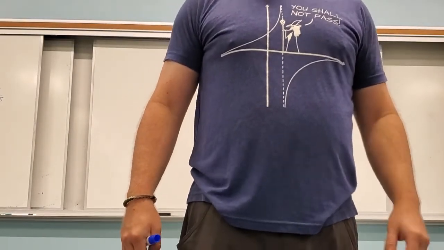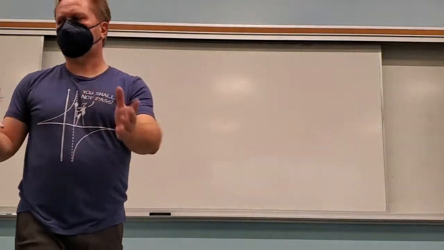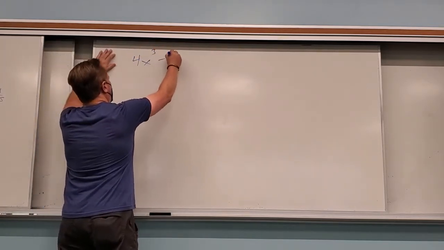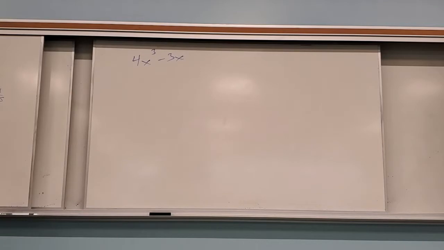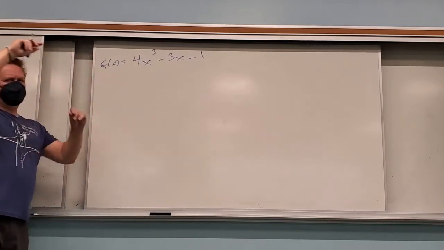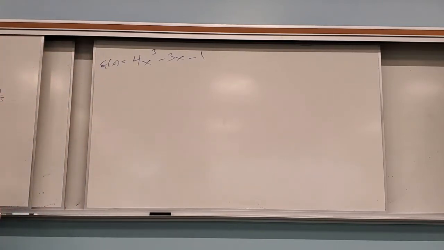So just a quick example. Let's say I have this function here. Take a minute and make a list of all the possible rational zeros.